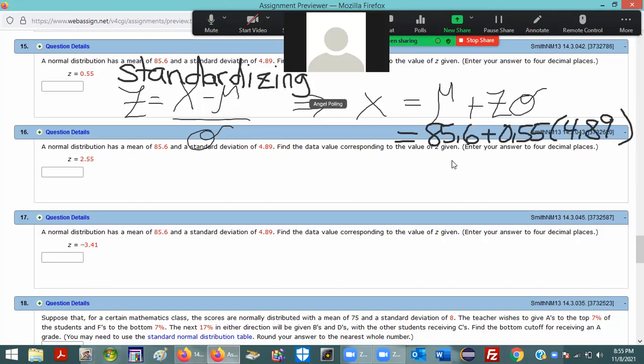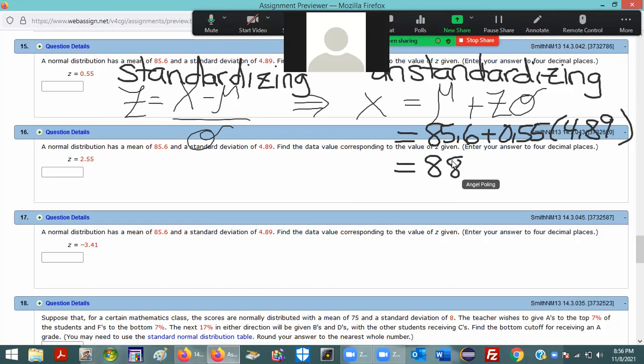And what we're doing is unstandardizing. 0.55 times 4.89 plus 85.6 equals 88.2895. And they wanted 4 decimal places, so we would give that full answer.